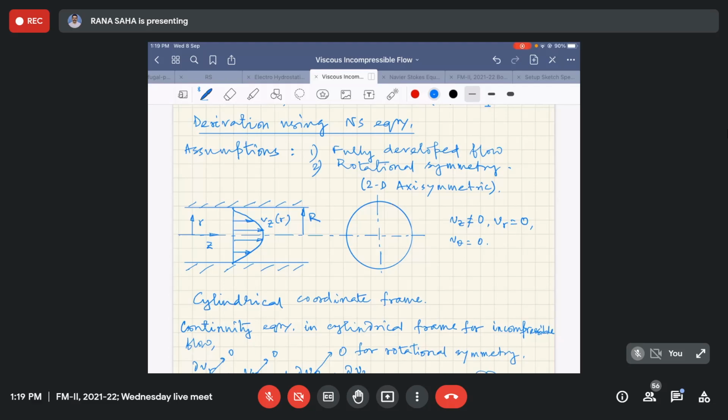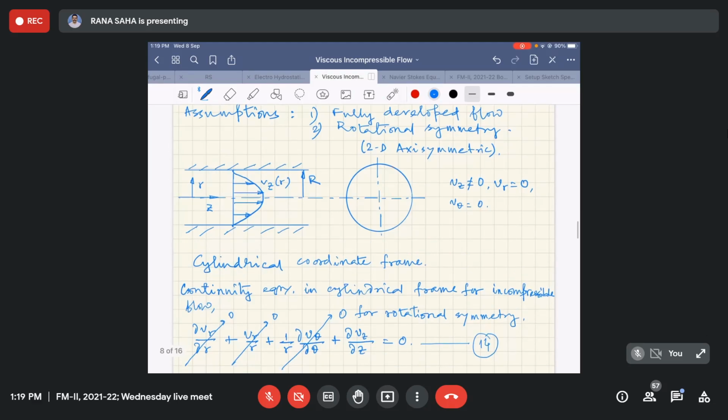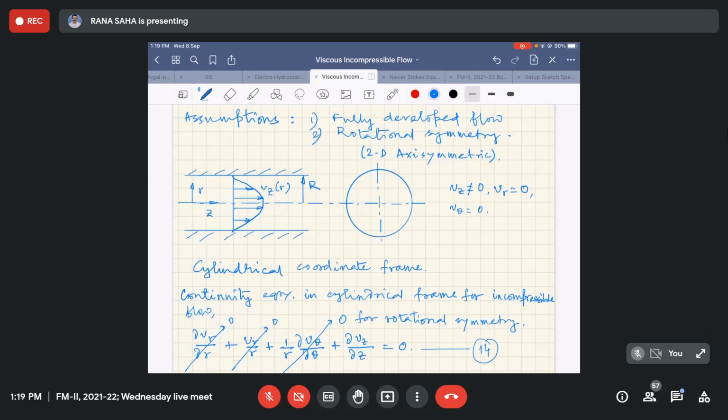Okay, so here one particular difference is that as it's a pipe flow, that is axisymmetric, or we have a rotational symmetry, that is one of the assumptions. And the other assumption remains the same, that is fully developed flow. So the additional part is this is an axisymmetric flow.